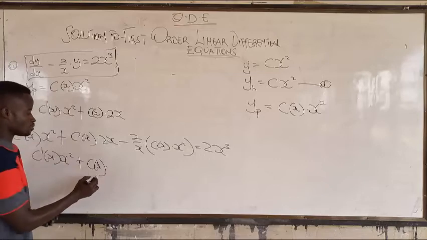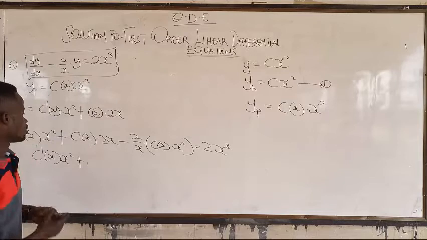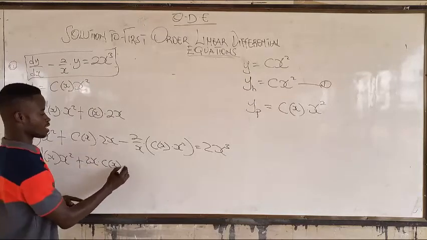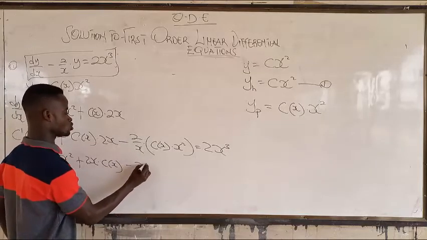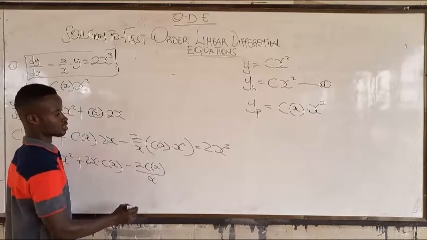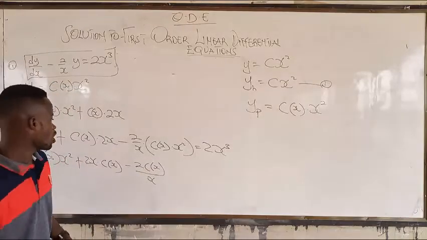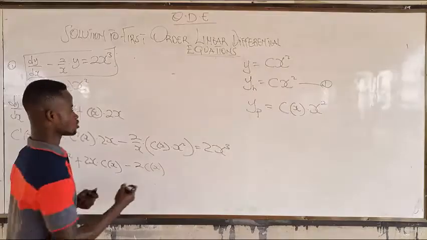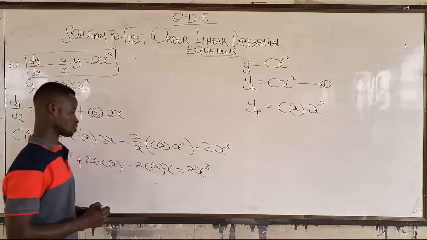Something will cancel something. So let me write this one. 2x minus this and this, we get 2c of x over x. But don't forget, this will cancel one of this. So we get here to be x, which is equal to 2x cubed.